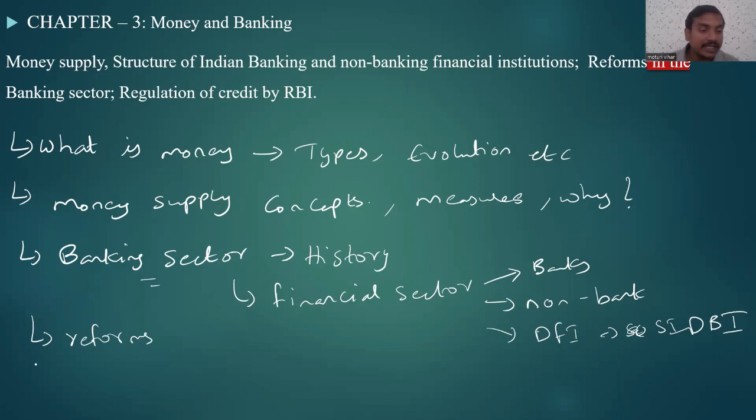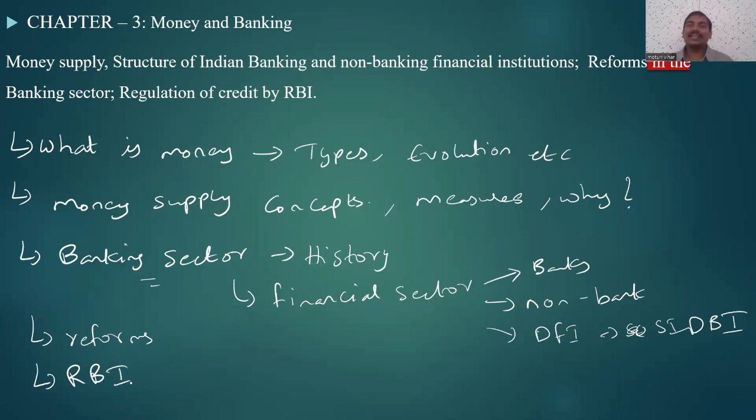Next, the important aspect of the banking sector is RBI, the Reserve Bank of India. Without the Reserve Bank of India, the banking sector could not be in this situation, because RBI acts as a regulator.